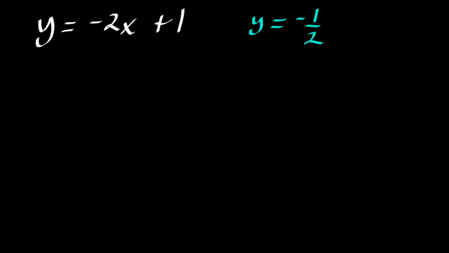Let's say we'll start off with a couple easy ones. Let's say I have y equals negative 2x plus 1. That's my first line. And then my second line is y equals negative 1 half x minus 8.